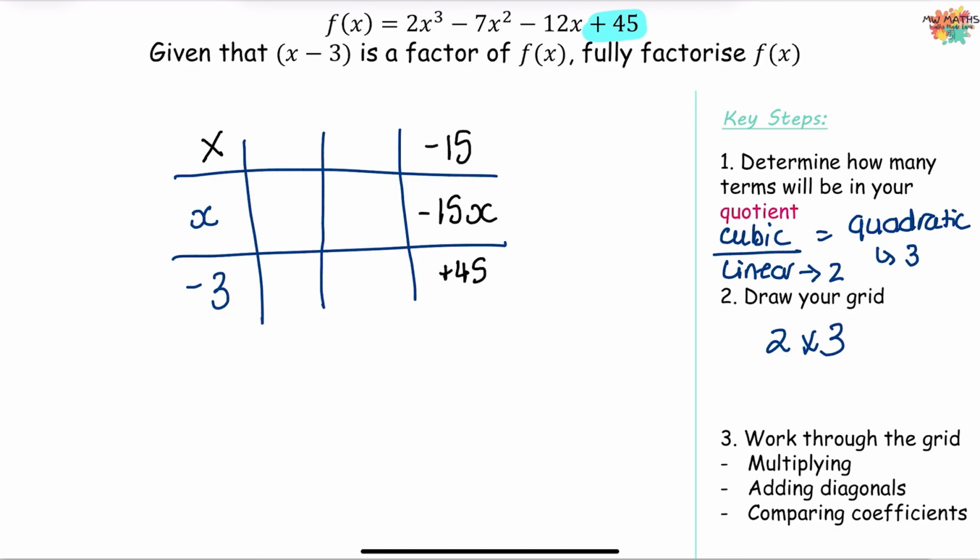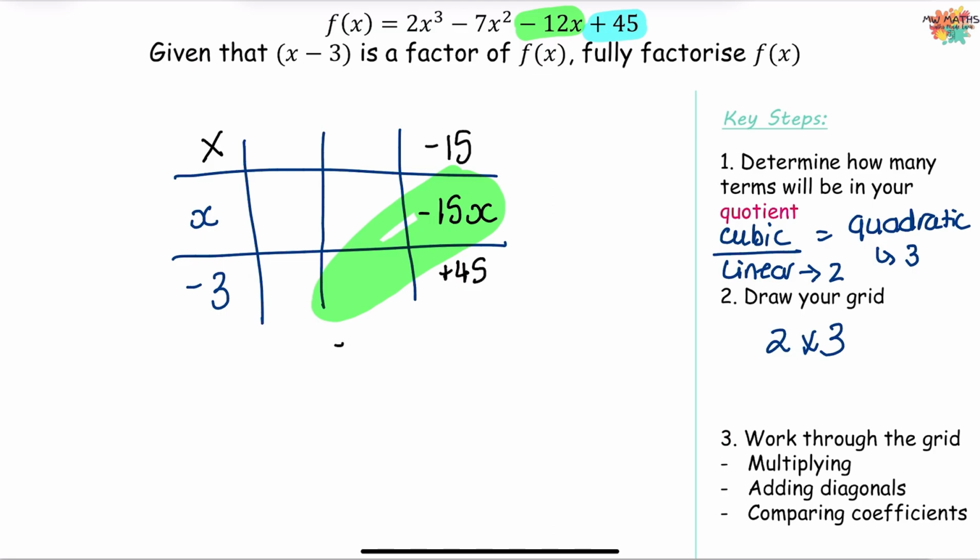-15x. Okay, this is where the diagonals come in. So watch carefully. I know that my x's in my cubic should be -12x. Now looking at my diagonals for the x's, I'm going to colour them in so you can see them. At the moment, I've got -15.